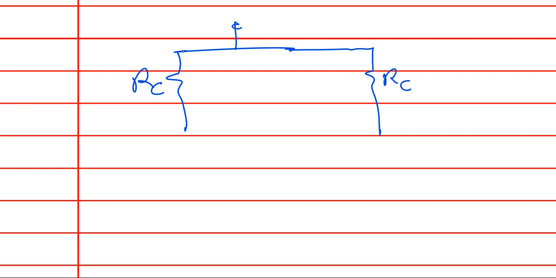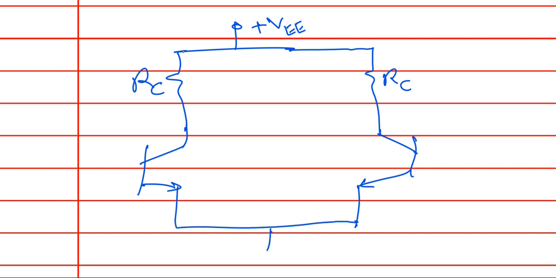First of all, just draw the diagram of the dual input balanced output differential amplifier. So here is the collector resistance RC, supply voltage plus VCC, then the NPN transistor is there, and here is the emitter resistance RE.